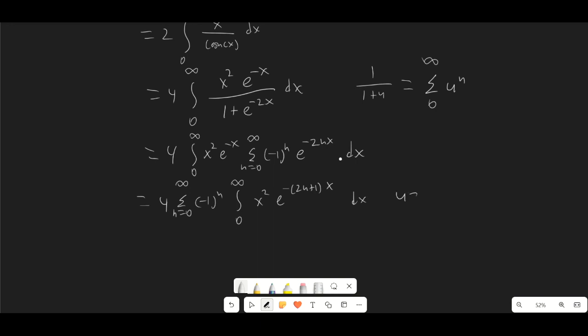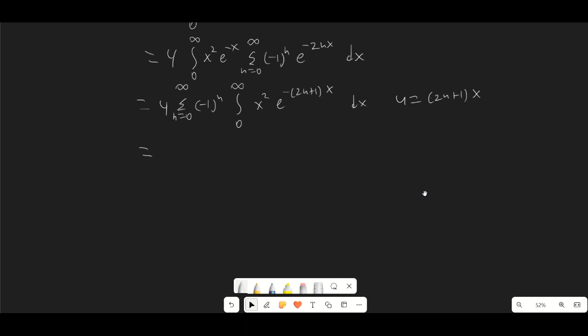Now we'll substitute u equals 2n plus 1 times x, and after we calculate our differential, we're going to end up dividing by 2n plus 1 cubed. So we'll get 4 times the sum from n equals 0 to infinity, negative 1 to the n over 2n plus 1 cubed, times the integral from 0 to infinity of u squared e to the negative u du.